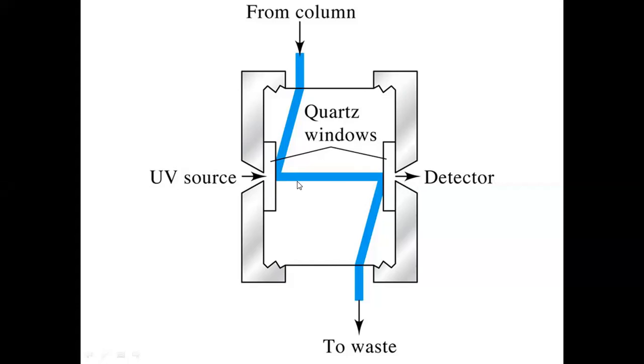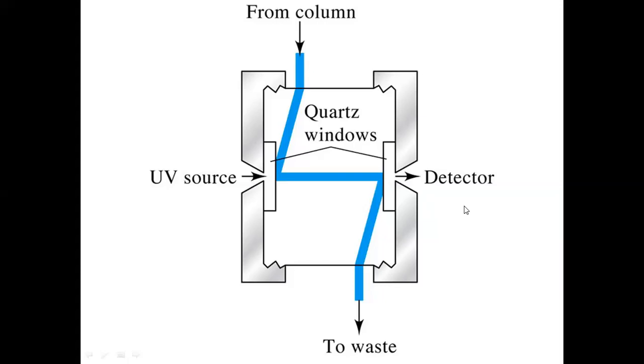So in the horizontal direction, or at a 180-degree angle, the UV source is glowing, and a given wavelength from the UV source is selected by means of a filter, and that radiation of particular wavelength is made incident through the solution which is moving through the flow cell.